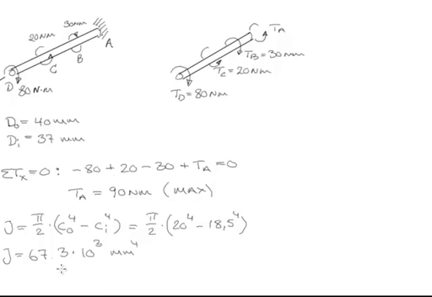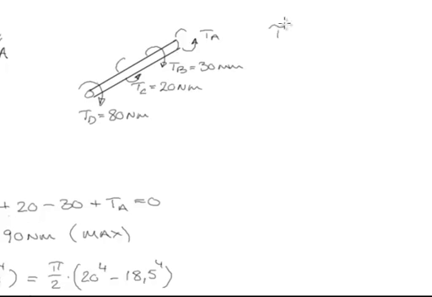So next we're going to use the shear stress formula. So the maximum shear stress is then equal to the torsion applied, torsion moment, times the radius divided with the polar moment of inertia.